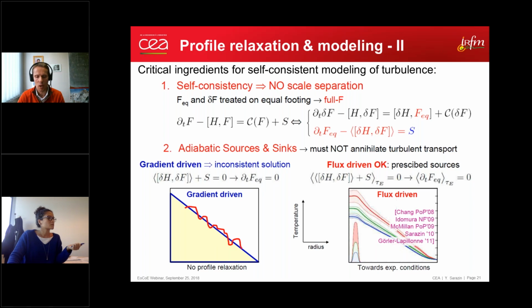If you want to let the equilibrium profile, the density profile, the temperature profile evolve freely, what does it mean? It means that you need a source to build the profile. And actually, this is what happens in a Tokamak.